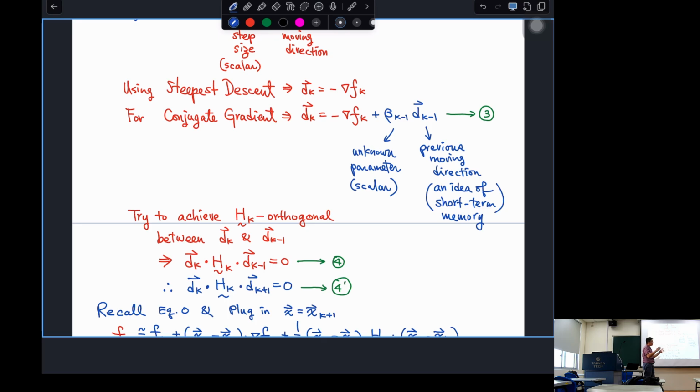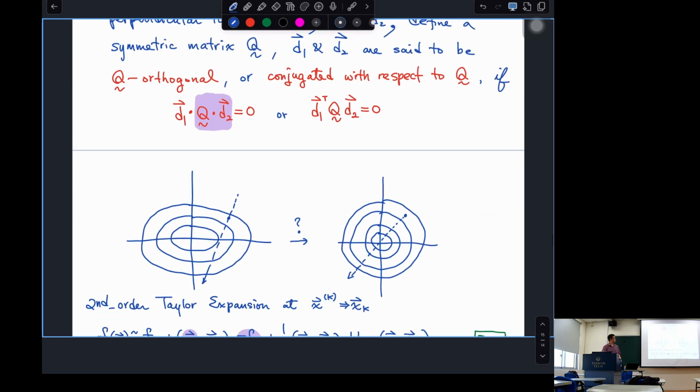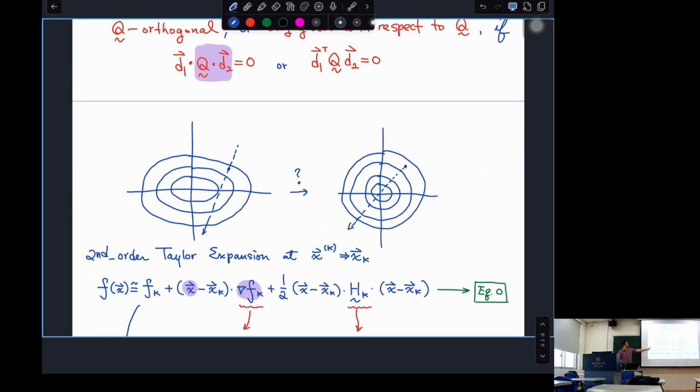So H-orthogonal is like the concept of this. Originally, in the nonlinear space, the gradient doesn't point toward the center. But in a transformed space, when you perform orthogonal direction movement, it will point to the center.